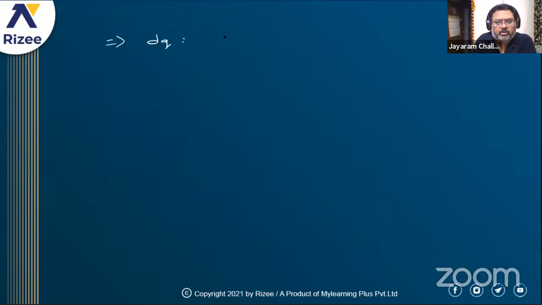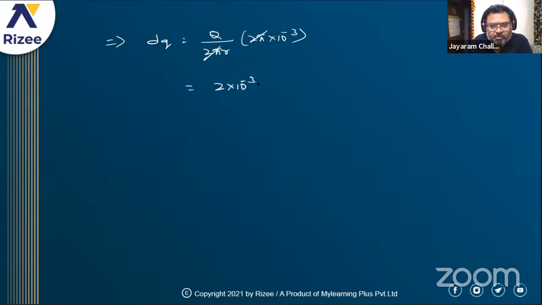So dq can be written as Q into 2π into 10 to the power of minus 3 divided by 2πr. The total charge is 1, and substituting the radius value, we get 2 into 10 to the power of minus 3 coulombs. This is the charge of the removed portion.